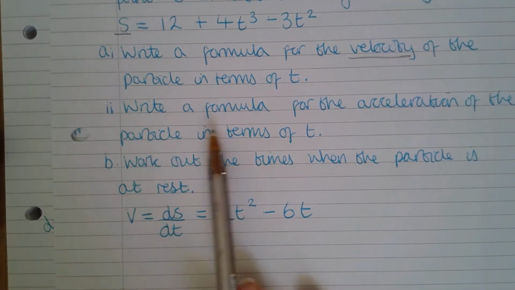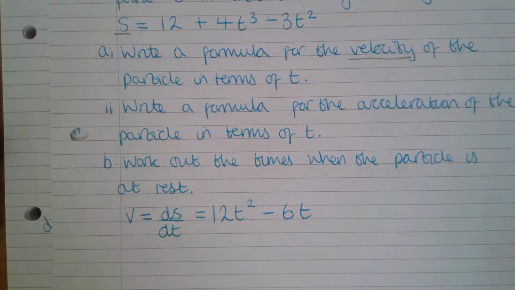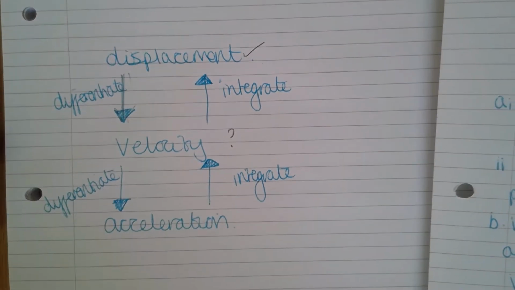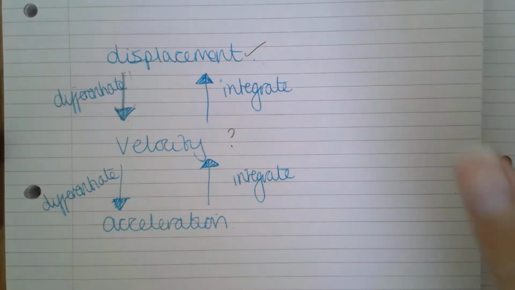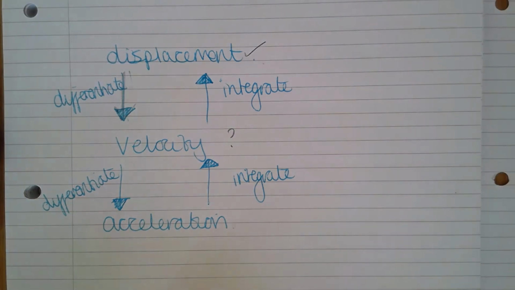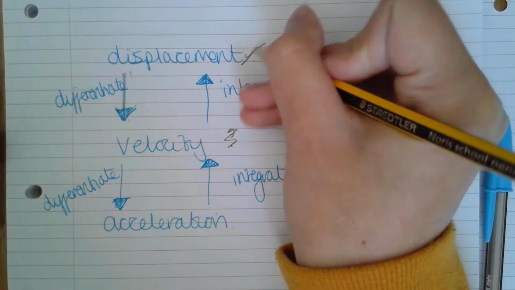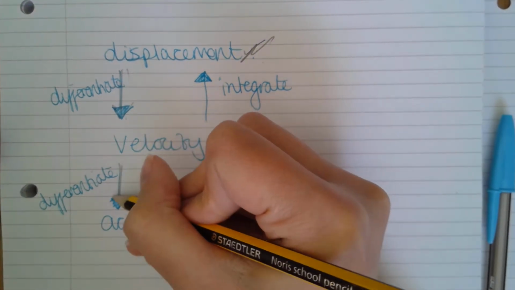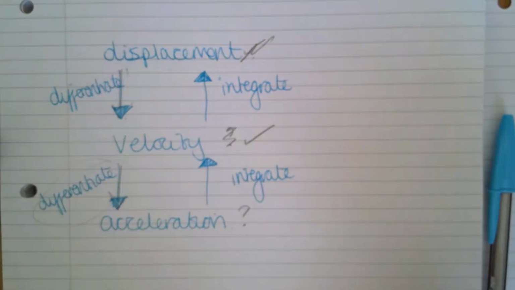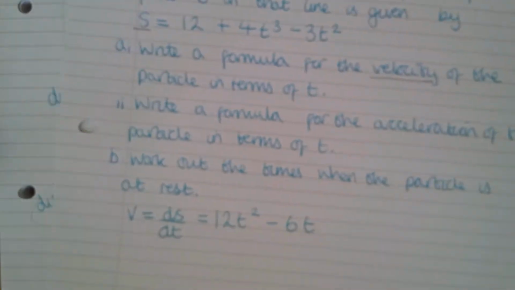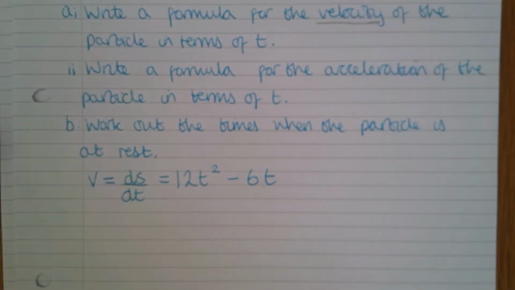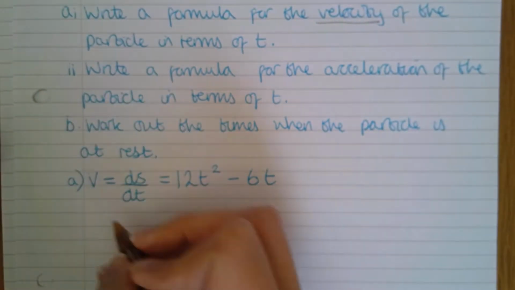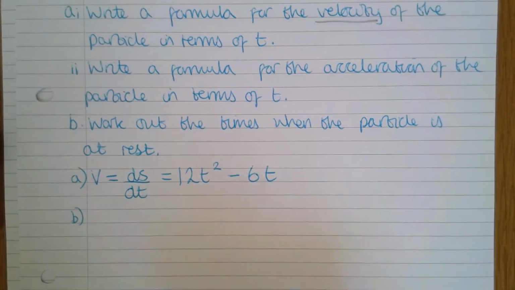Next is write a formula for the acceleration. Again, we've now been given velocity and we want to find acceleration, so we need to differentiate again.